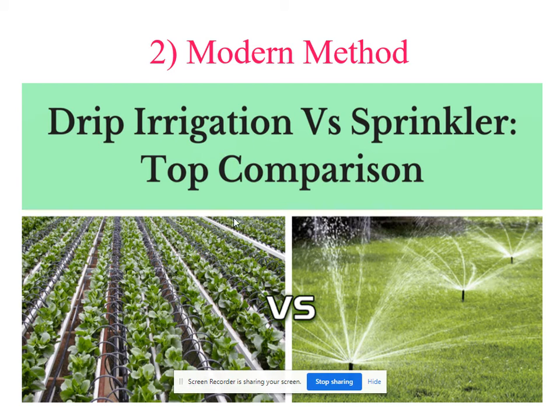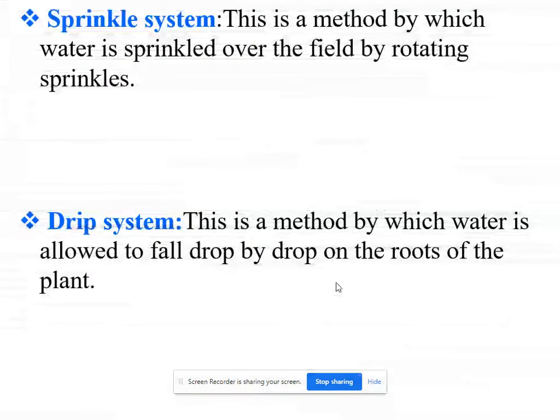As a method, there is no wastage of water. Here the water is easily distributed over the whole field, and distributed equally. So these two methods are working very well nowadays. Let us have a look at these two methods.